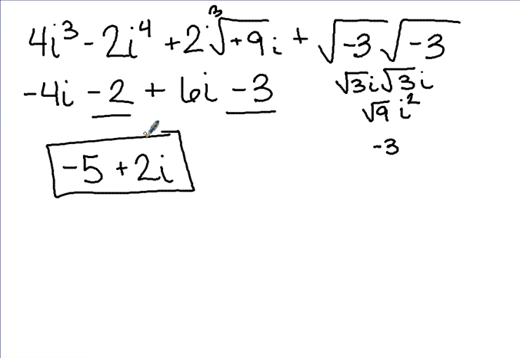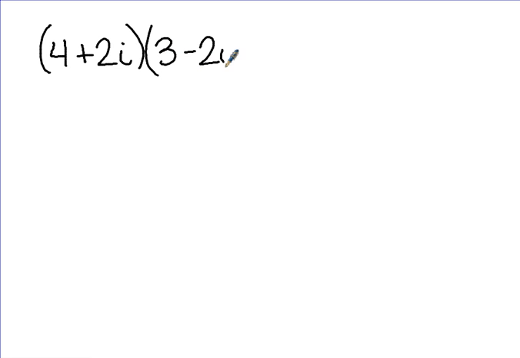All right, we're going to do one more before you do some on your own. We have 4 plus 2i times 3 minus 2i. In this case, you're going to have to use the distributive property, and then you're going to have to simplify.